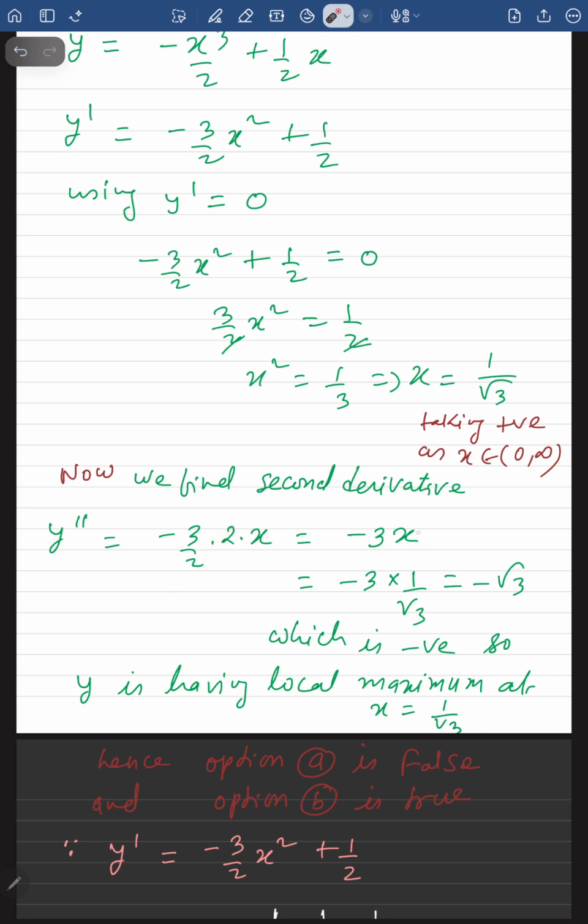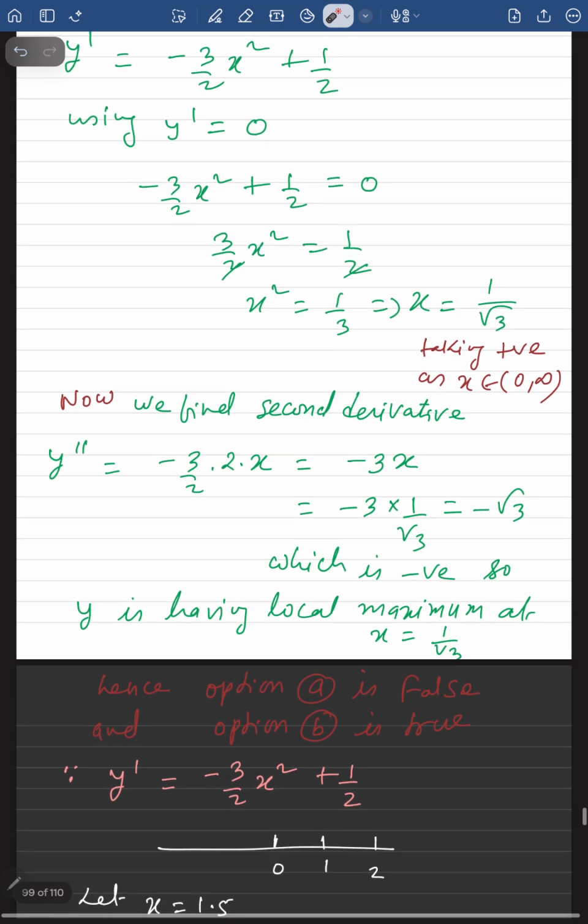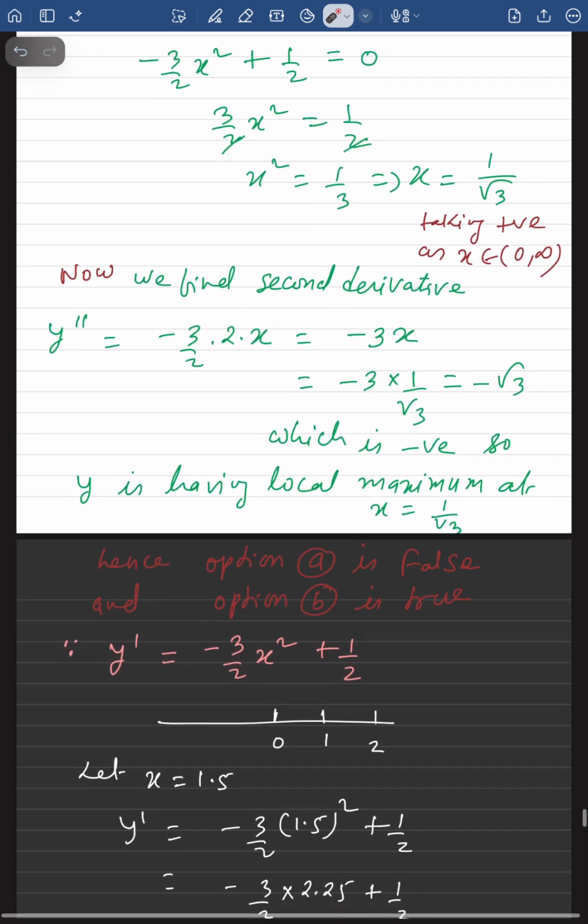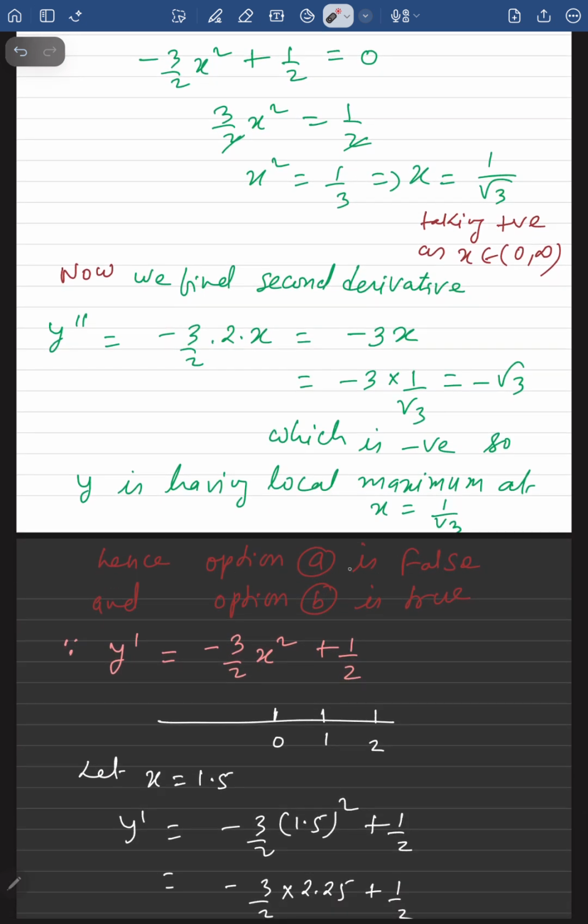When x is 1 upon root 3, 3 and root 3 are replaced by root 3 and the minus sign remains. So y double dash is negative at this particular point. Negative shows local maximum. So our option A is false, because A says that at x equal to 1 upon root 3 it is the point of local minimum, but it is not so.